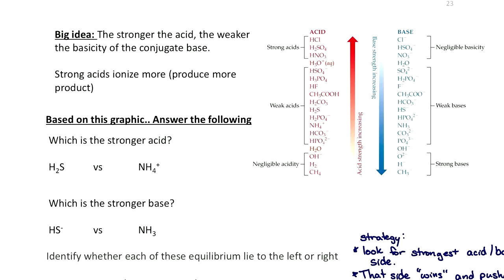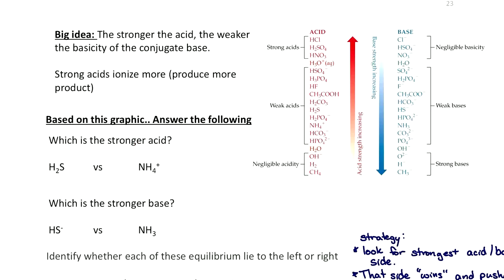Based upon this graphic, which is the stronger acid, H2S or ammonium? Are you going to look at the red side or the blue side? Since I'm asking about acidity, I'm going to look at the red side.